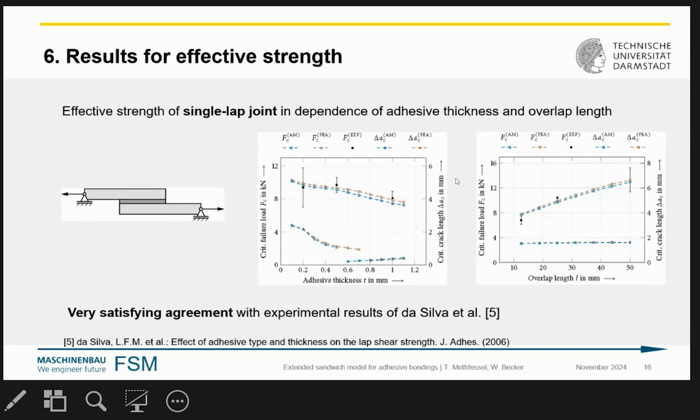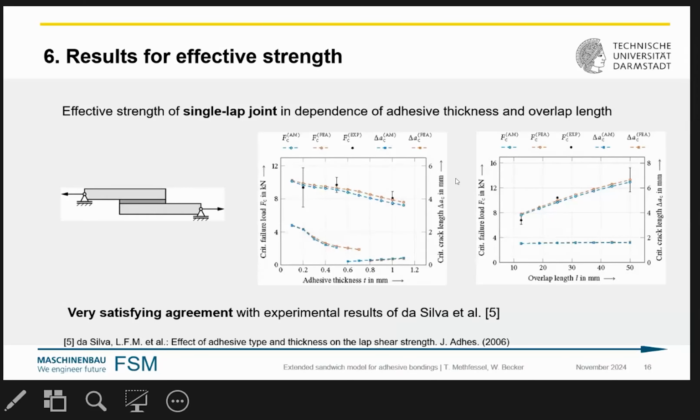So that means we can work with that, and we can now predict the effective strength, for instance, for such a single lap joint. And here you see results for an increasing adhesive layer thickness. These upper curves are the finite element calculations and our calculations with a good correspondence. And in addition, we have these experimental findings. And you see we can predict these experimental findings. So we can predict reality, and that's the essential thing.